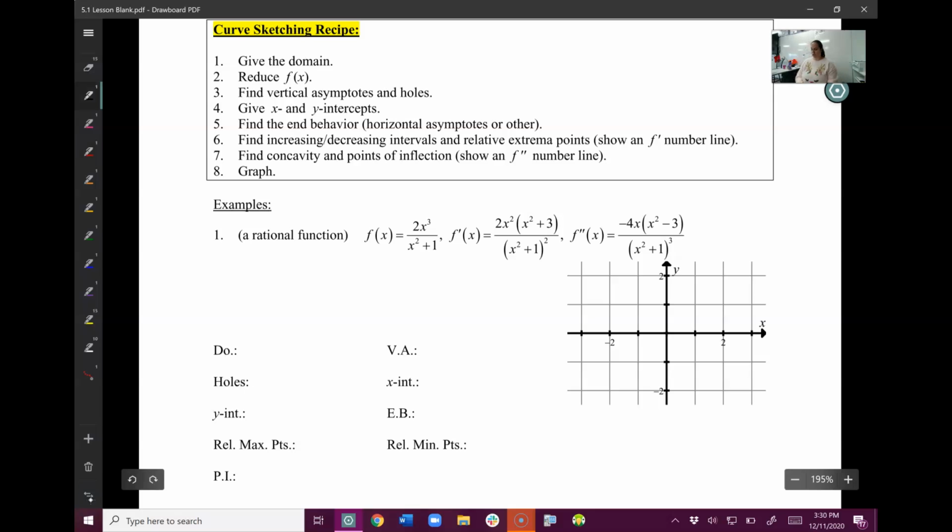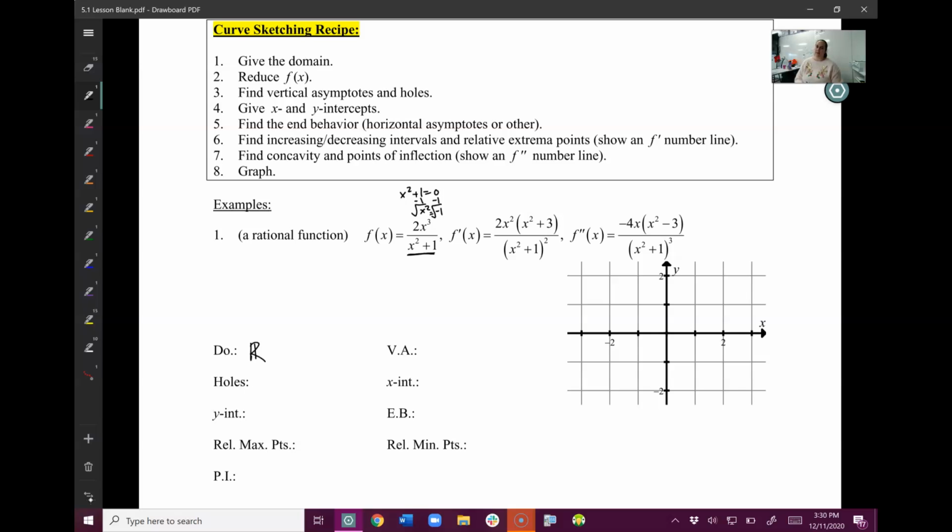So what we're going to do, start step 1, give the domain. Domain is basically going to always be all reals except for any asymptotes that we have. So asymptotes is the denominator. That's what makes the graph undefined. So if I look at this denominator really quickly, set this equal to 0 to find my asymptotes, I quickly notice that I'm taking the square root of a negative number.